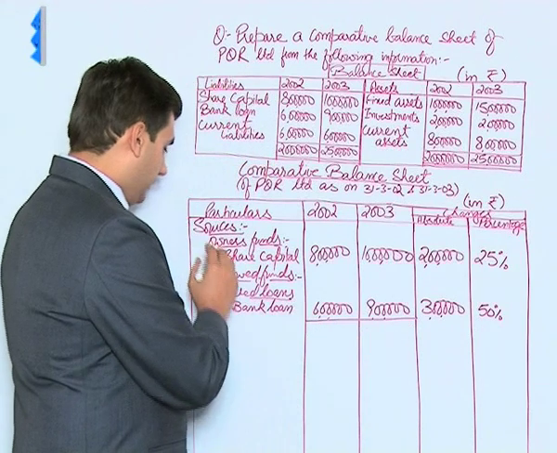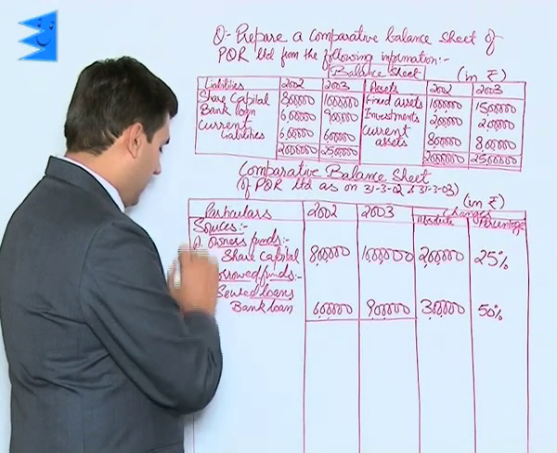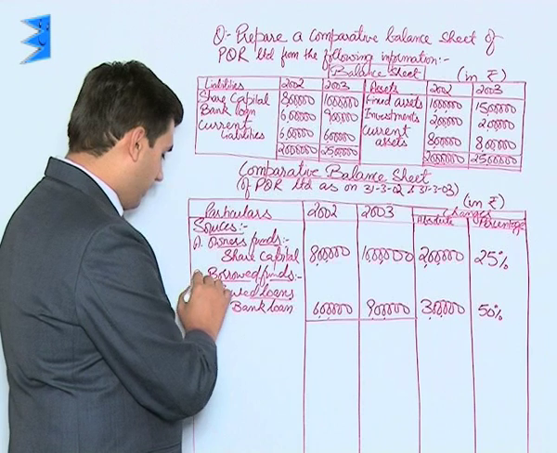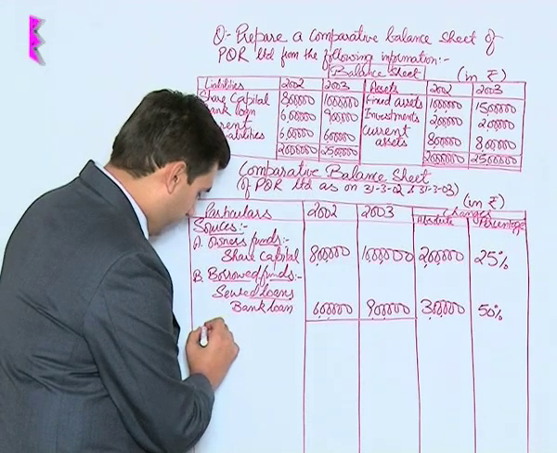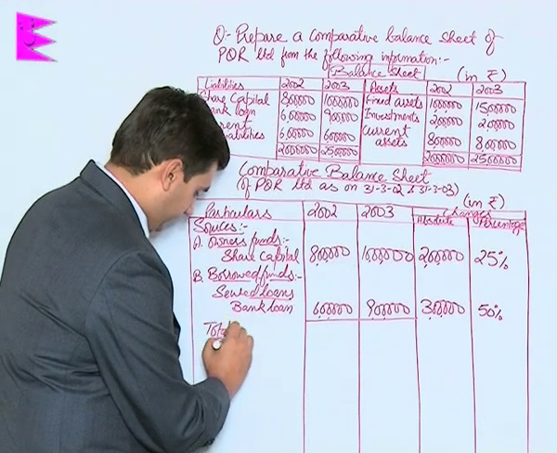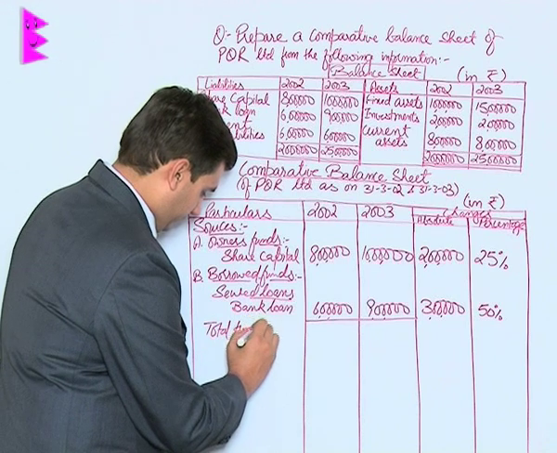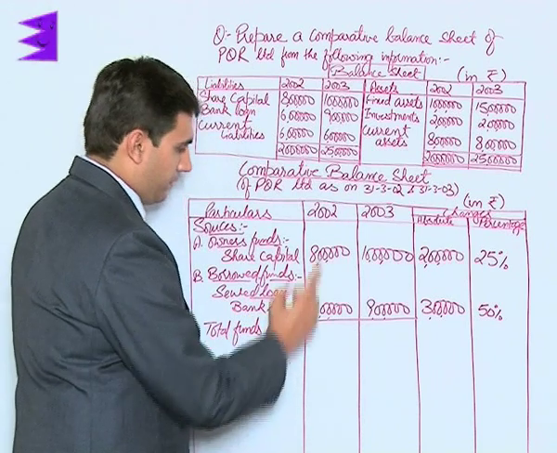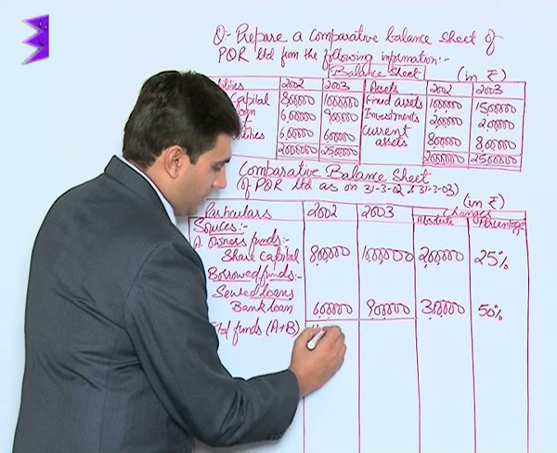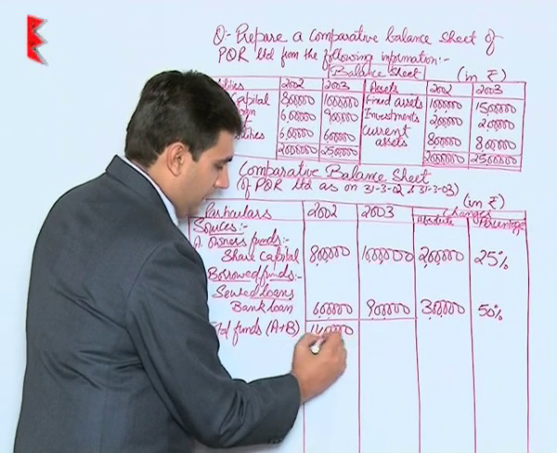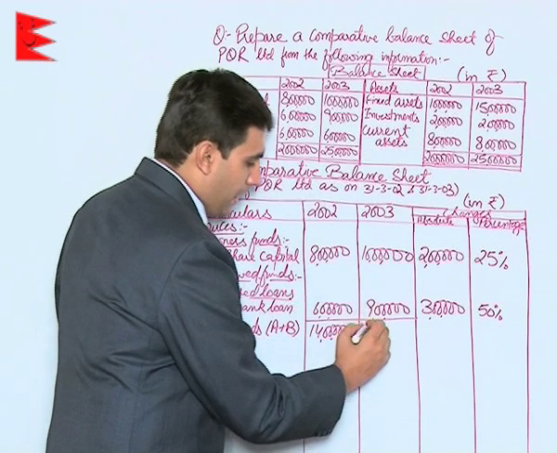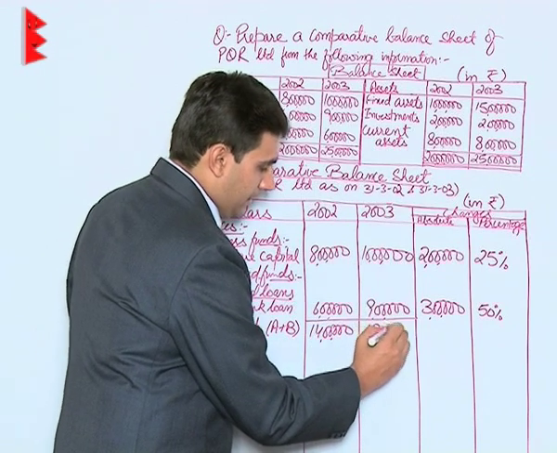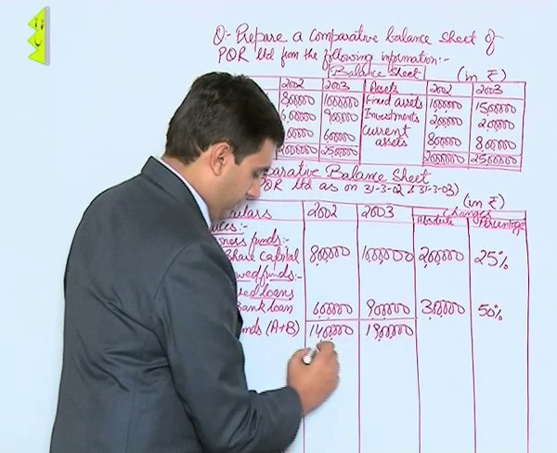Now students, owners funds is A, borrowed funds is B. So total funds is A plus B, which is 14 lakh for the first year and 19 lakh for the second year.